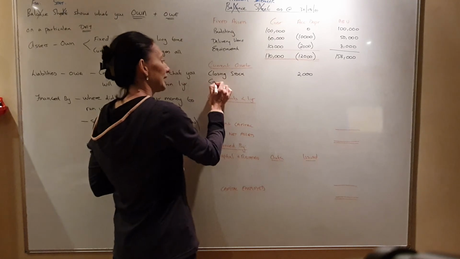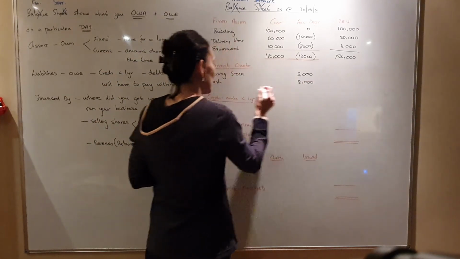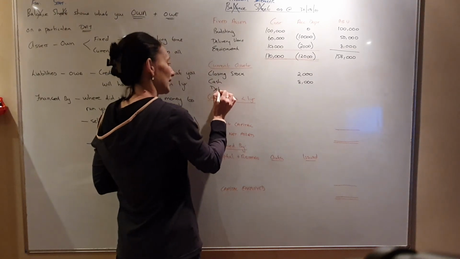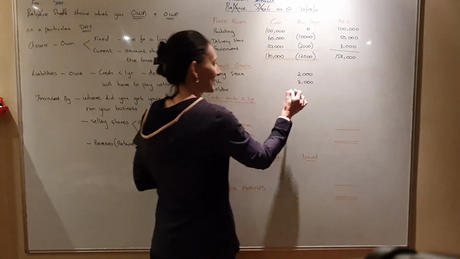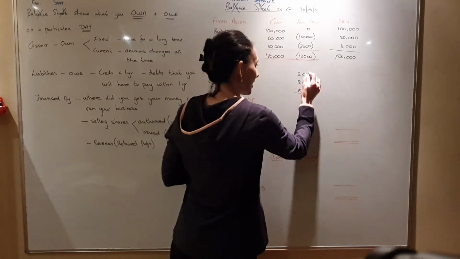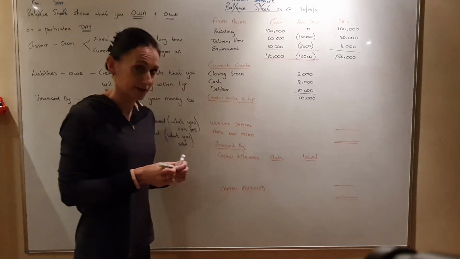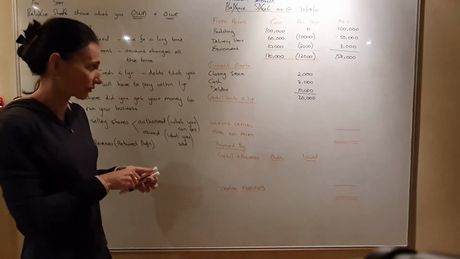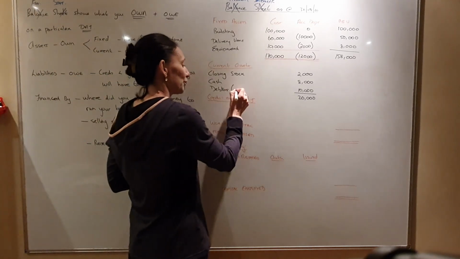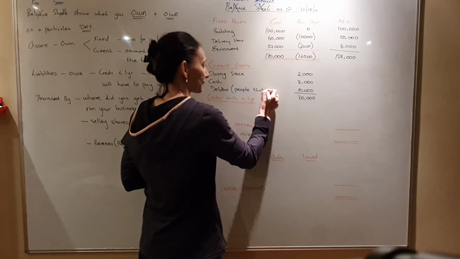You would have money in the bank, which I'll say cash is 8,000, and you might have an item called debtors. I'm going to keep these figures very simple, and they might be 10,000. So your current assets are 20,000. Just to recap, in case you don't remember, debtors are people who owe you money.